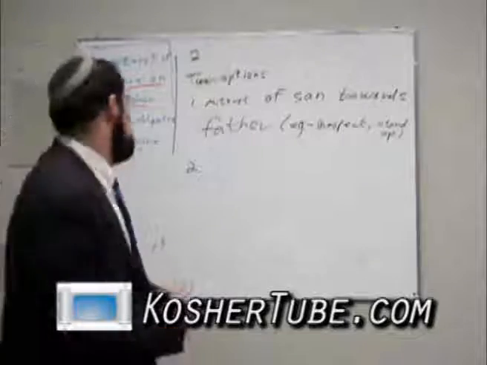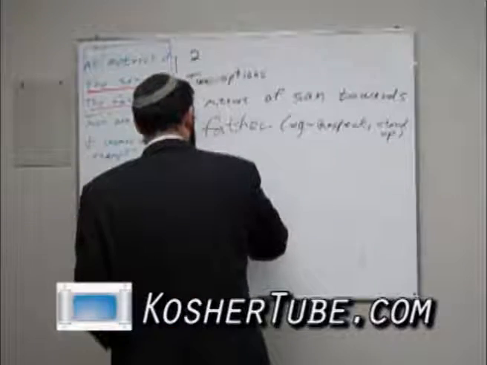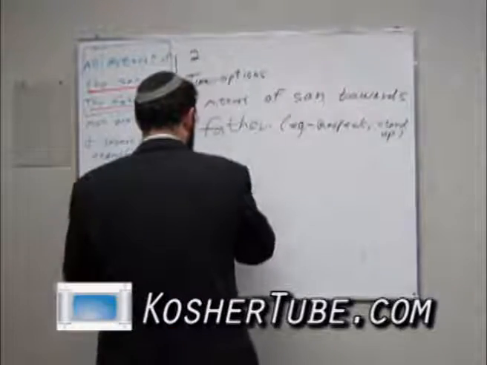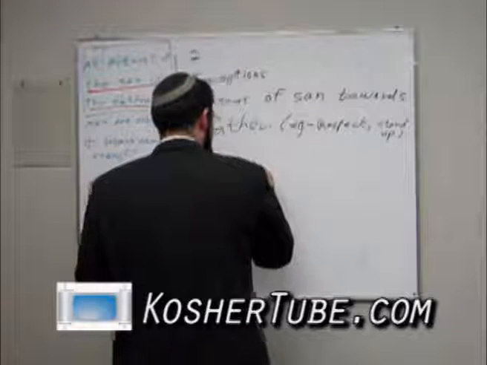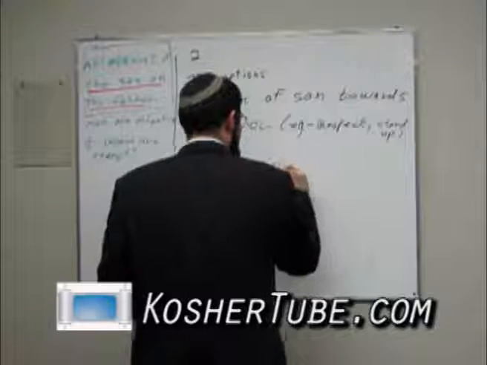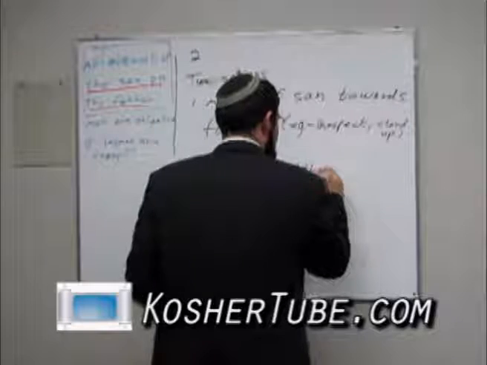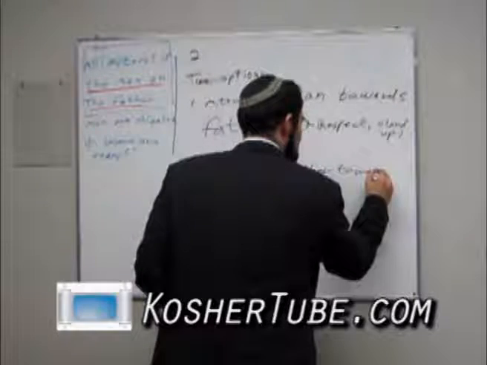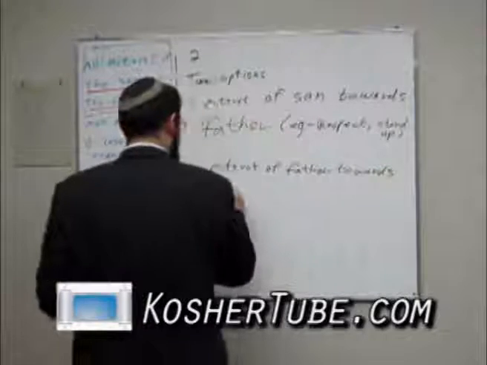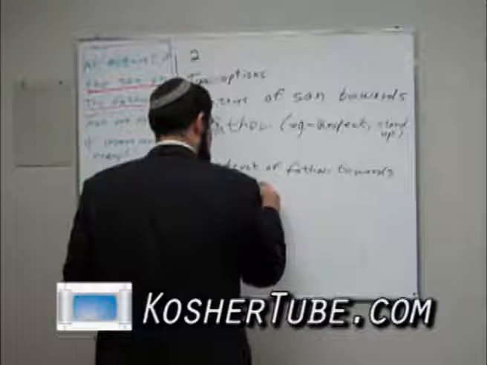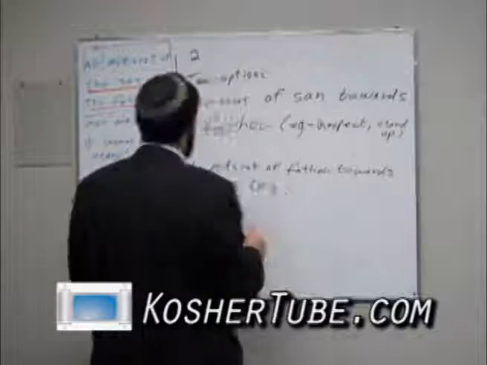Option 2 of the phrase mitzvot of son on the father: mitzvot of father towards the son. Obligations, we'll call it whatever. Mitzvot of father towards son. I don't see how that comes from there, though.